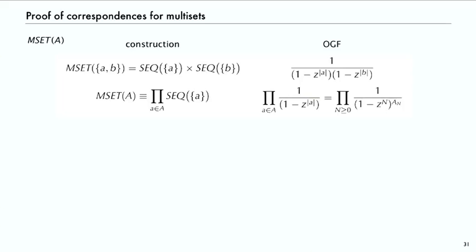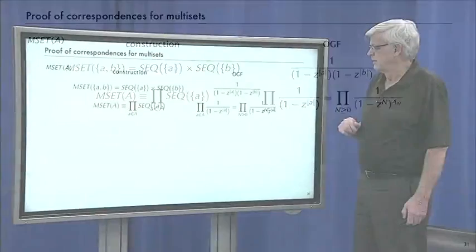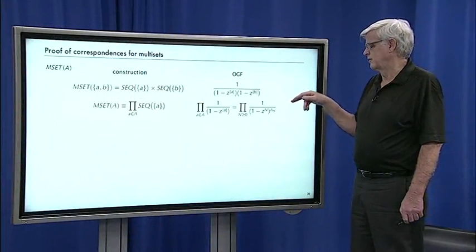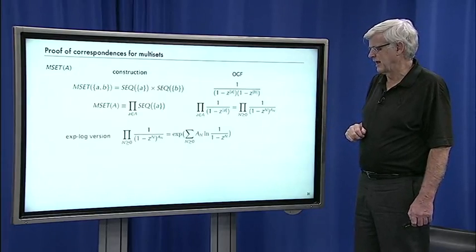And again, if we collect on n and bring all the terms of size n together, there's a_n of them, so we get the product over n bigger than 0 of 1 over 1 minus z^n, to the a_n power.